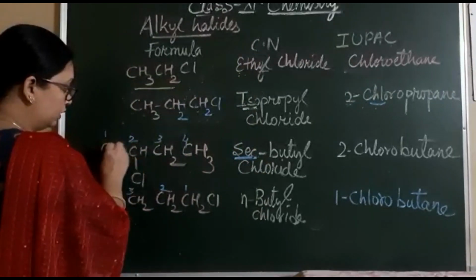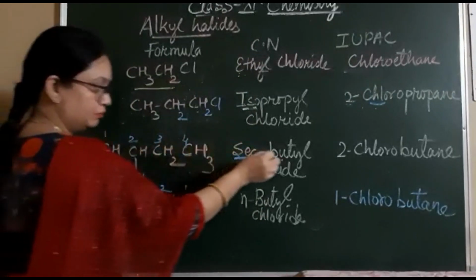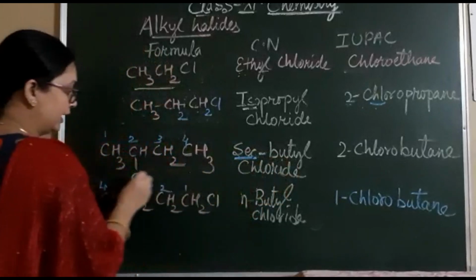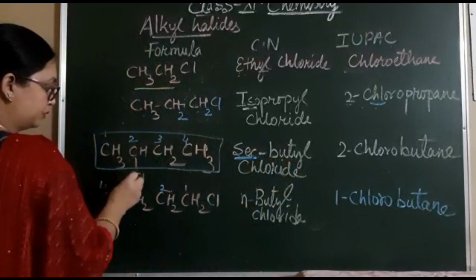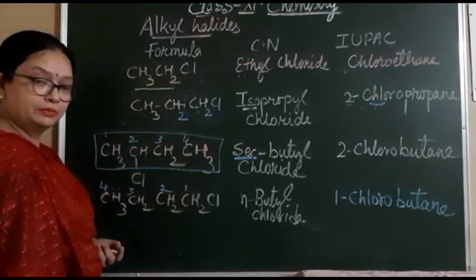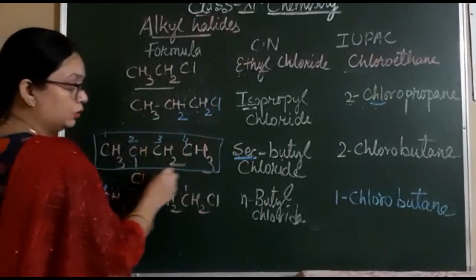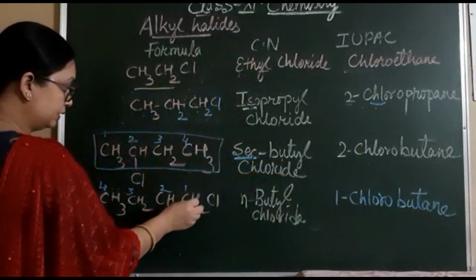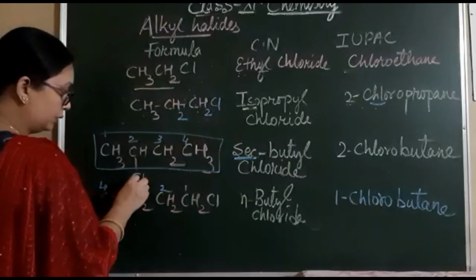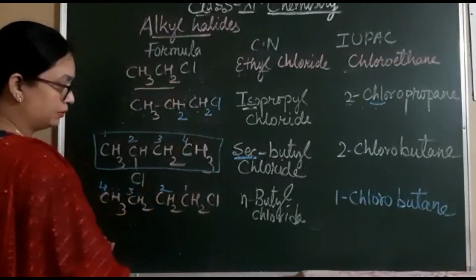Secondary and the total number of carbon atoms together, butyl chloride. And for the IUPAC name you have to select the longest chain. Chlorine is attached to the second carbon atom. So 2-chlorobutane.